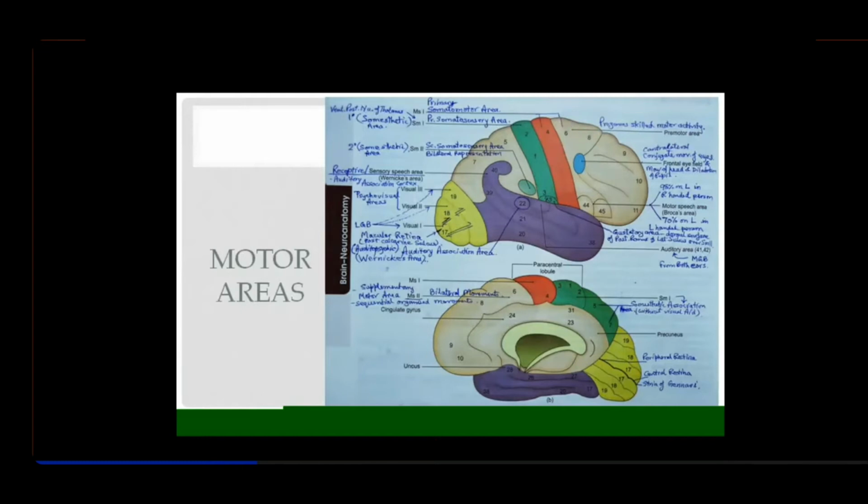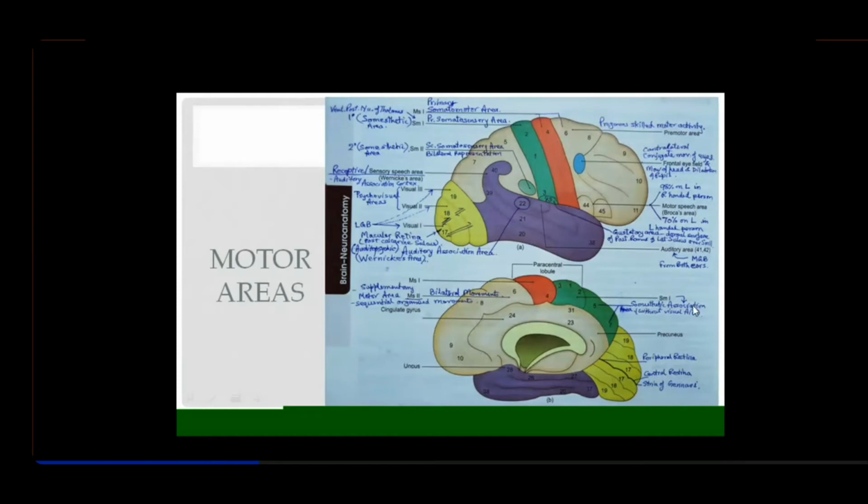Whenever you have to do a skilled task, whatever you do with your desires, your purpose, with your skeletal muscles, area number 6 is always working along with area number 4.